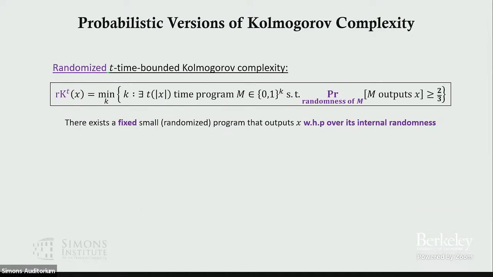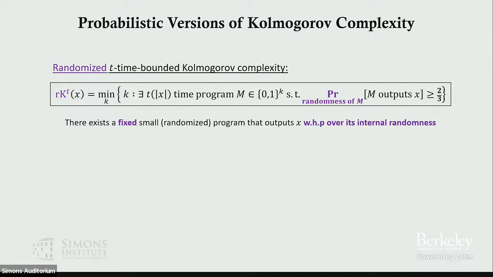Okay, now this leads me to talk about some probabilistic notions of time-bounded Kolmogorov complexity. So one such notion is called the randomized T time-bounded Kolmogorov complexity. So remember the KT definition. The KT complexity of a string is the minimum length of a program that prints the string deterministically in T steps.